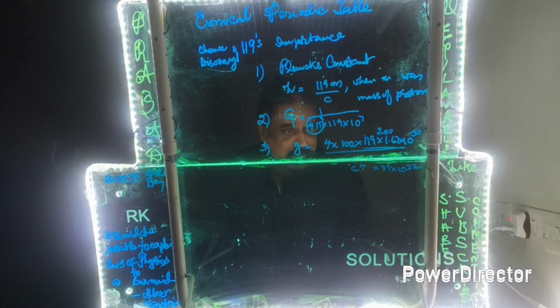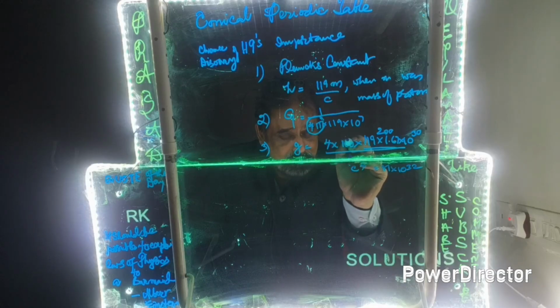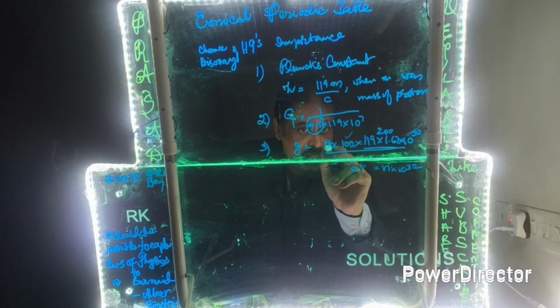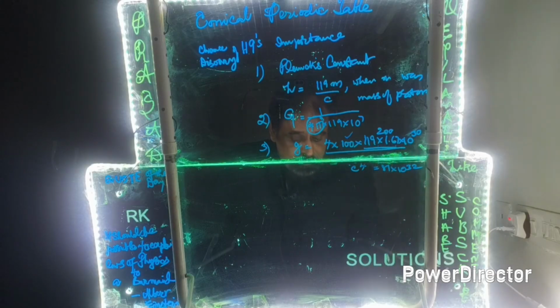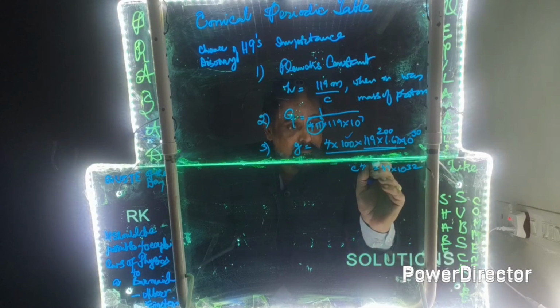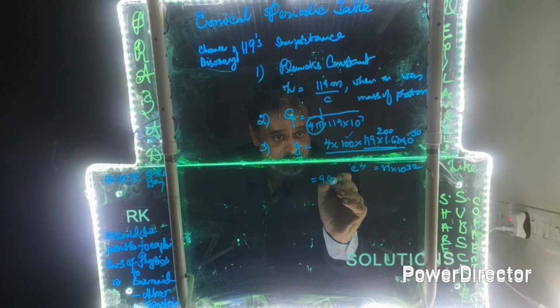But last time I was in a hurry and I overlooked one fact. I gave you this figure, 4 into 119 into 1.67 into 10 raised to 30 by c to the 4, will give you 9.81.